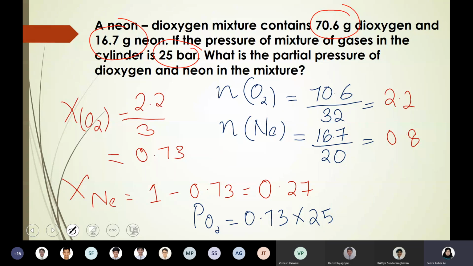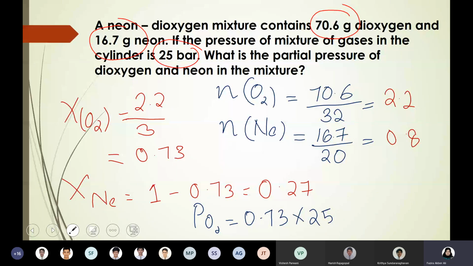It is the number of moles of that particular component.